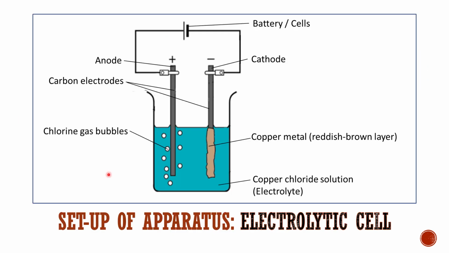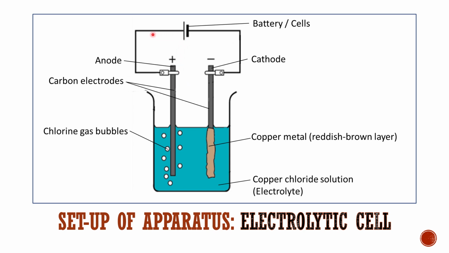So if we look at the diagram again of the electrolytic cell, this whole setup is called an electrolytic cell. So what do we need? We need a source of energy, battery or electric cells. We need two carbon rods because carbon can conduct electricity into the solution.